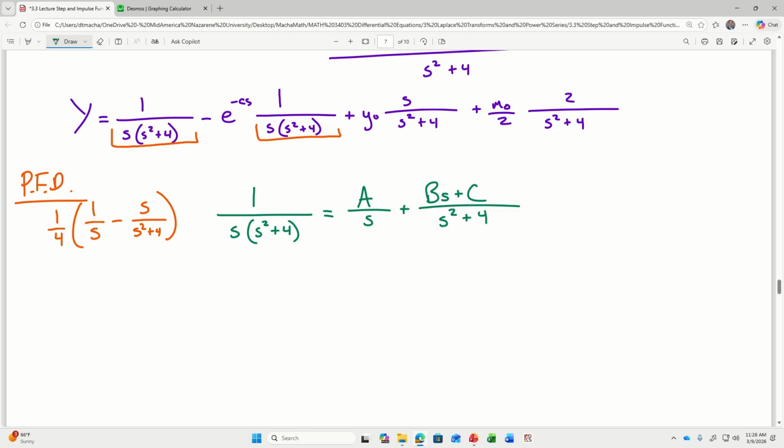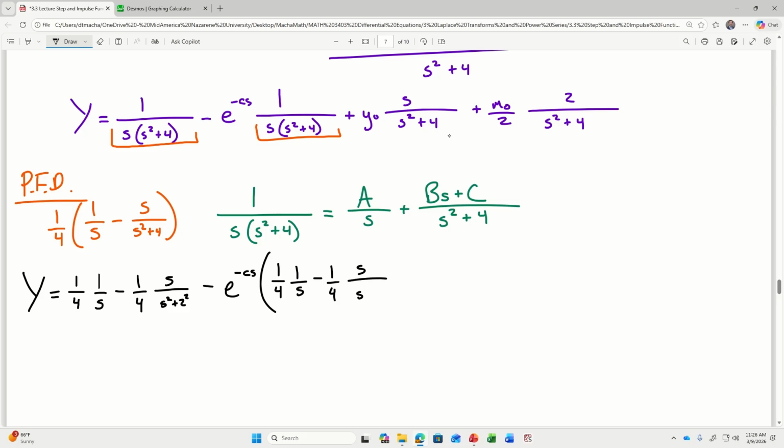Okay, so having done our partial fraction decomposition, we would then have capital Y, my Laplace transform solution, is going to be 1/4 times 1 over s minus 1/4 times s over s squared plus 2 squared, minus e to the negative cs times 1/4 1 over s minus 1/4 s over s squared plus 2 squared.